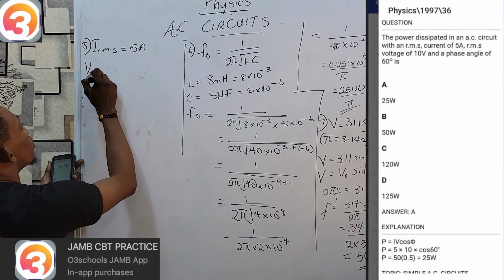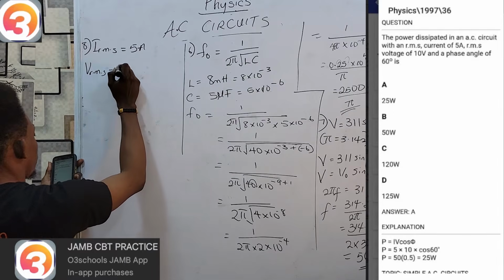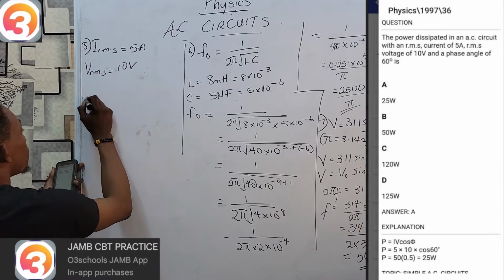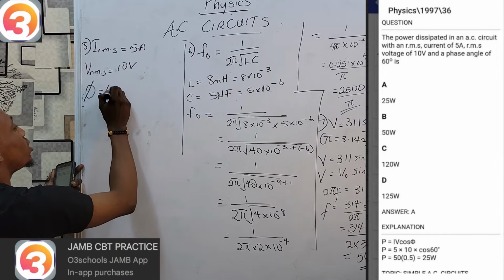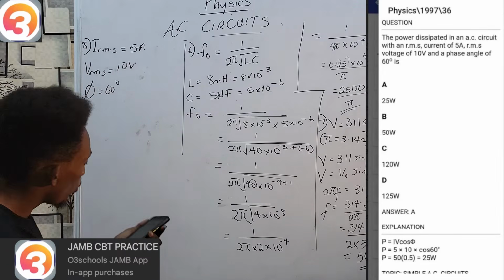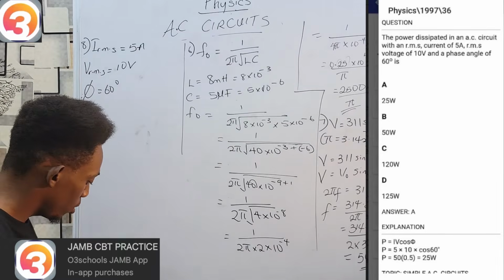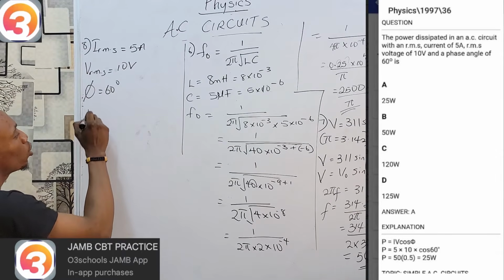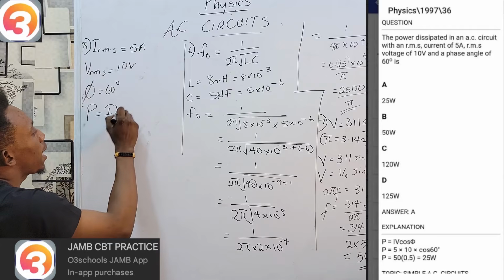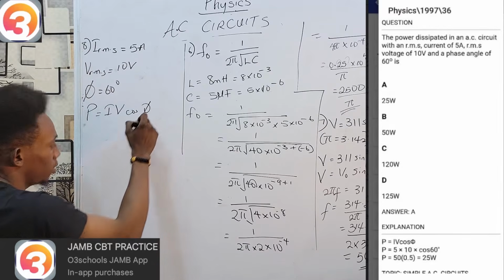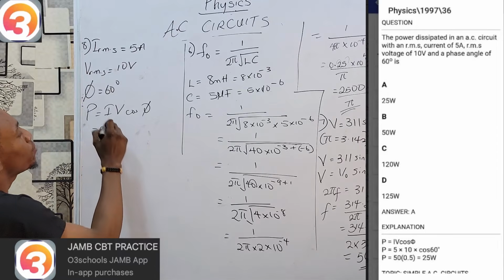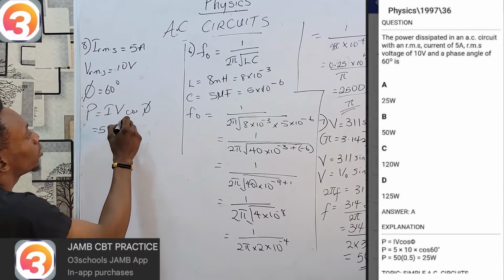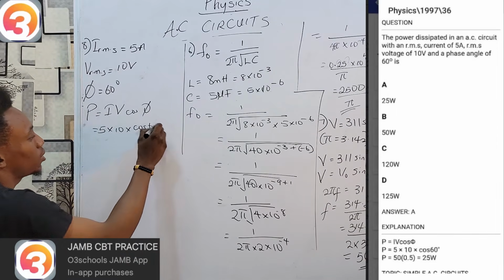RMS voltage was 10 volts, and the phase angle, which is phi, was 60 degrees. We have to find the power. Quite simply, if you recall, power equals IV cos phi. My I is 5, my V is 10 times cos 60.